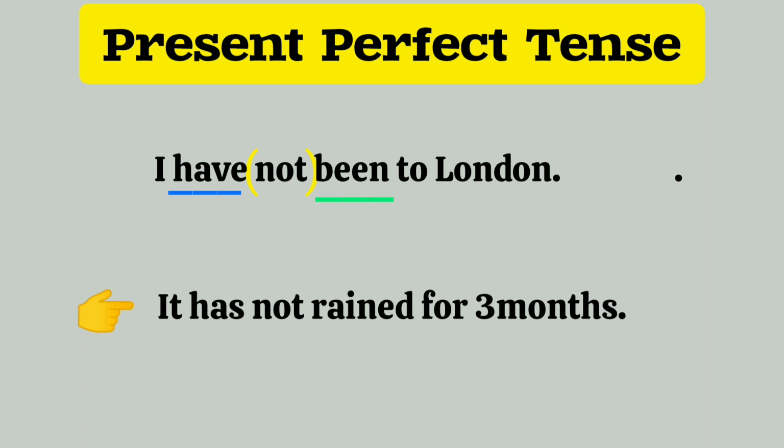The next sentence, it has not rained for 3 months. Here also we have put the negative between has and the verb. And in this sentence, we have a time expression to show the duration. Here also we can use the contraction hasn't. It hasn't rained for 3 months.